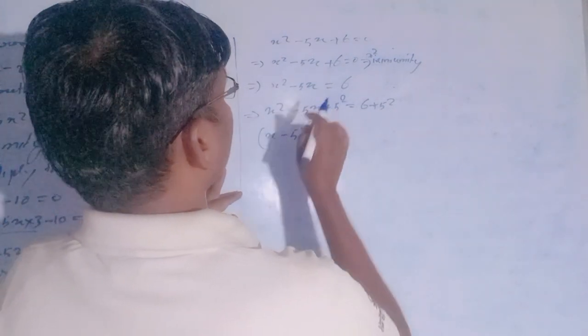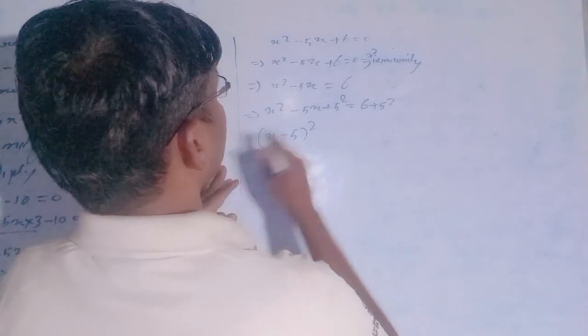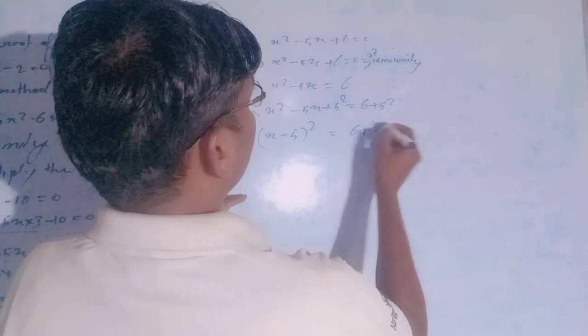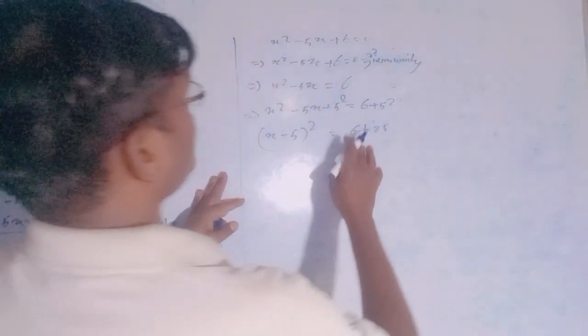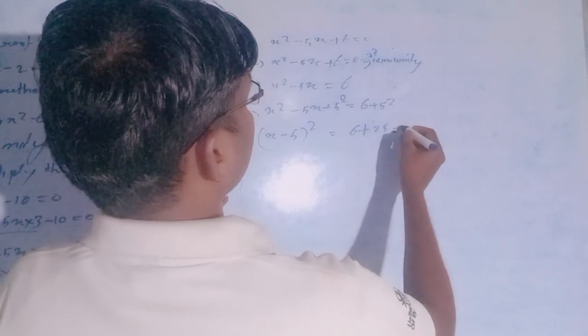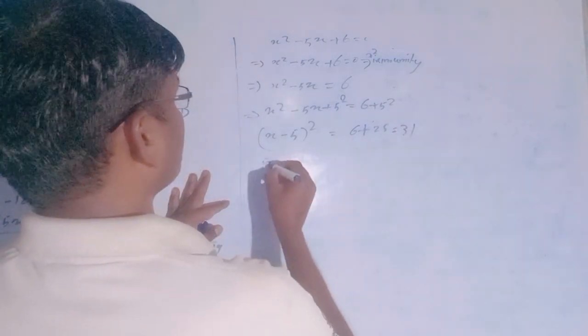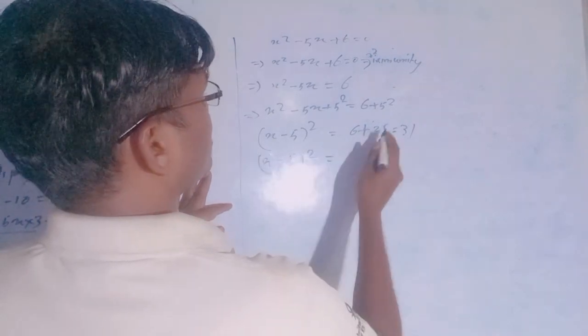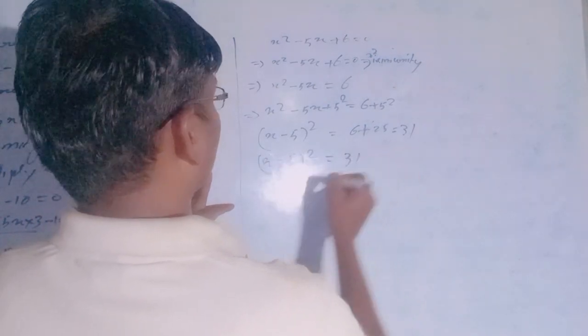Here would be the values of 6 plus 25 is equal to 31. Okay, so x minus 5 whole square is equal to 31.